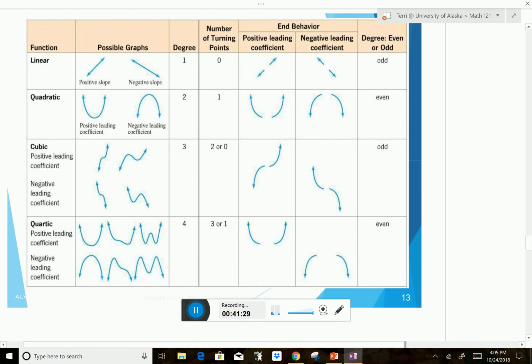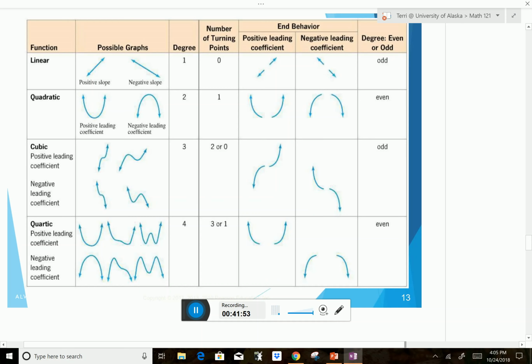I love this chart. Linear either has a positive or negative slope. Degree is 1. Turning points: 0, it never turns. And for the end behavior, if the leading coefficient, the coefficient of x, is positive, of course we're increasing all the time. If it's negative, we're decreasing. And it's an odd degree.